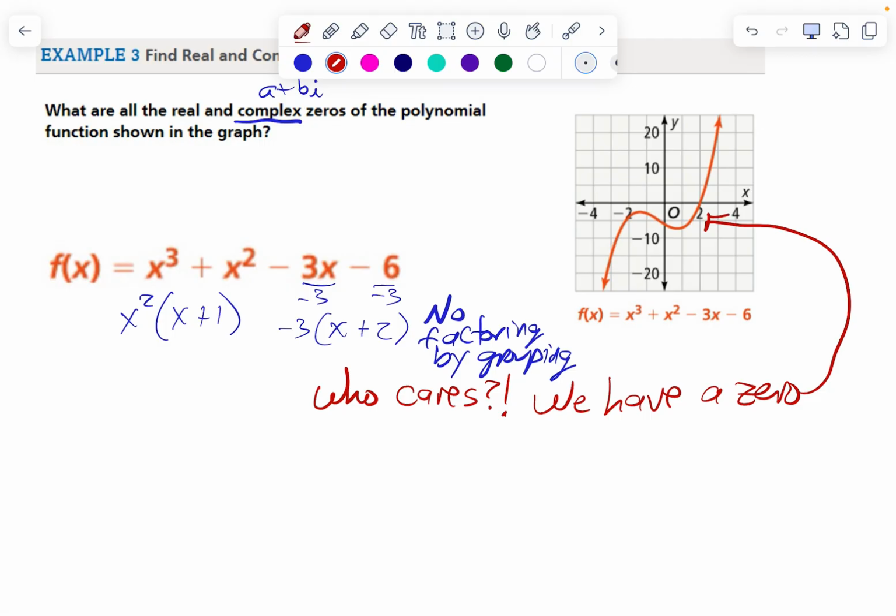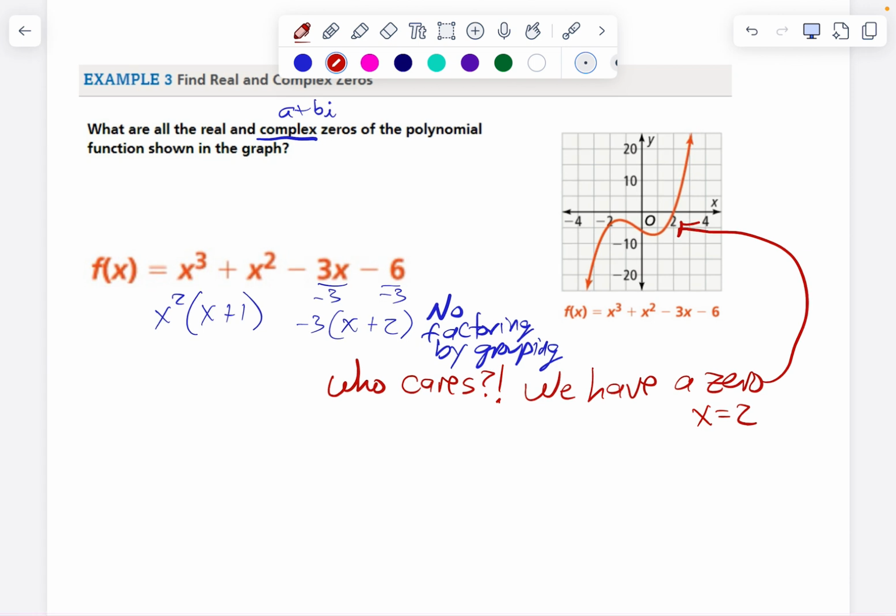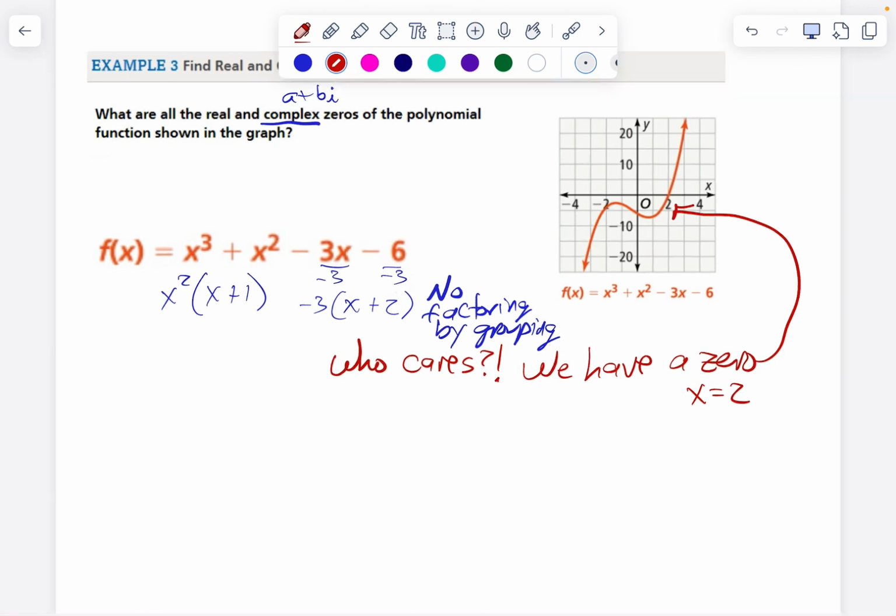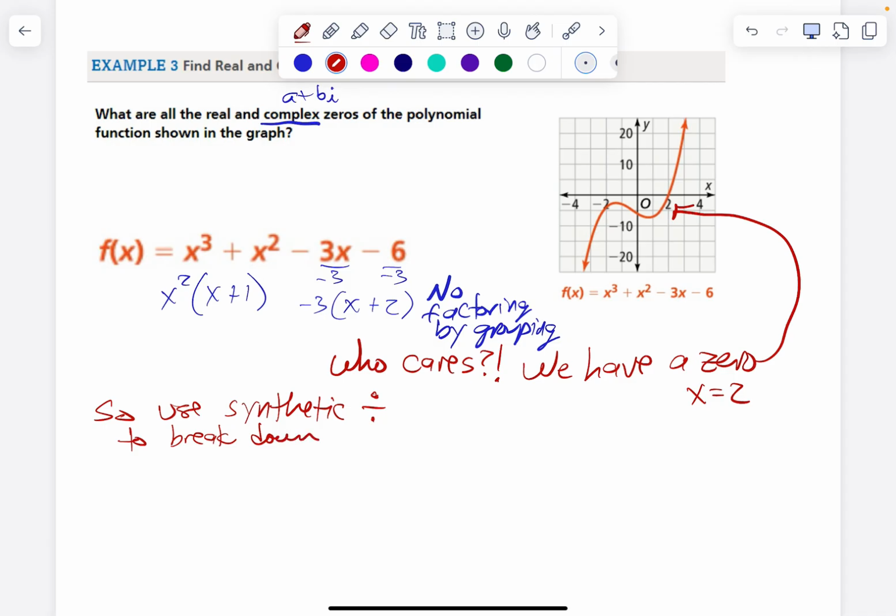Our 0 is at x equals 2, which means we can break this function down from a cubic to a quadratic using what? Yeah, good job, Anthony. So use synthetic division to break down. Now, we're only going to be able to do this once.